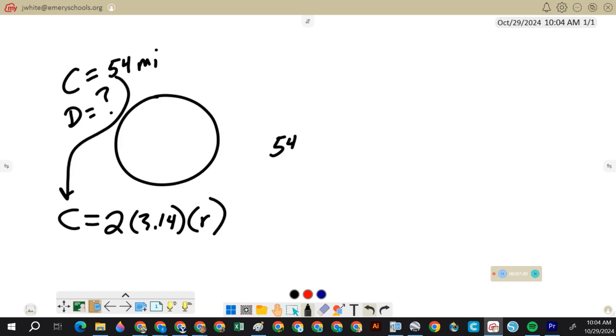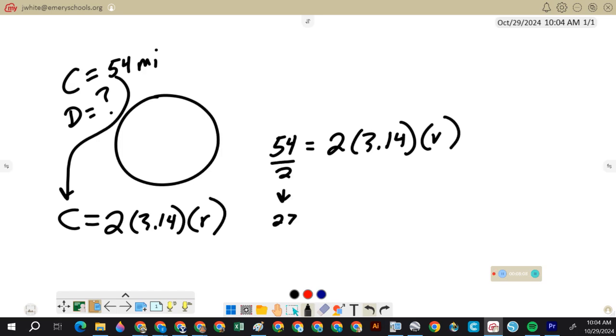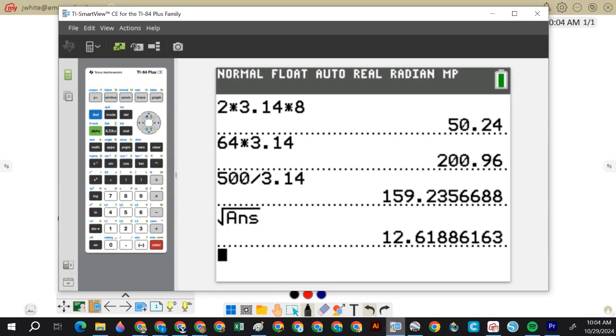So 54 equals 2 times 3.14 times r. Now, I need to move the 2 over and I need to move the 3.14. You have several options. You could divide by 2, which gives us 27, and then divide by 3.14, which will give us r. Let's see what that is.